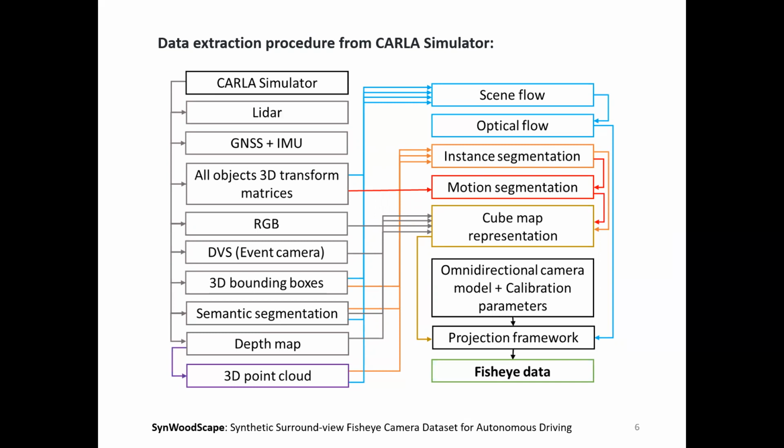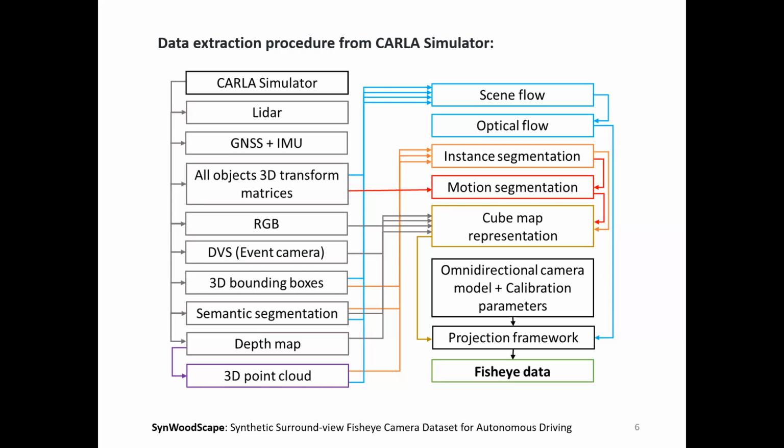Knowing all 3D transforms of dynamic objects across 2 successive frames, we can compute motion segmentation, which is an annotation of objects that underwent a movement in the world reference given a threshold. We also computed the scene flow, which represents the movement of the 3D point cloud between 2 frames, and then we projected it to the image plane to obtain the optical flow. In this manner, we are able to provide very precise flow information at sub-pixel level.